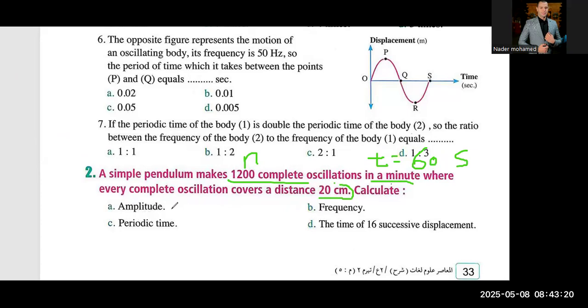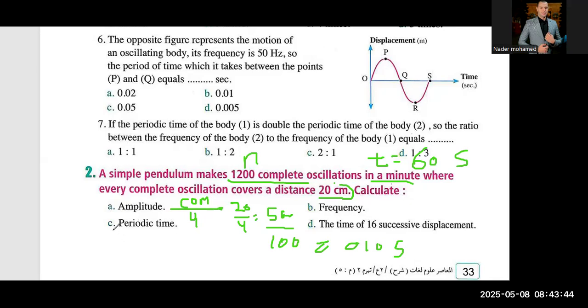When I need to calculate amplitude, I take the complete oscillation over 4. 20 over 4 equals 5 centimeters. When I convert from centimeter into meter, I divide by 100, so it equals 0.05.